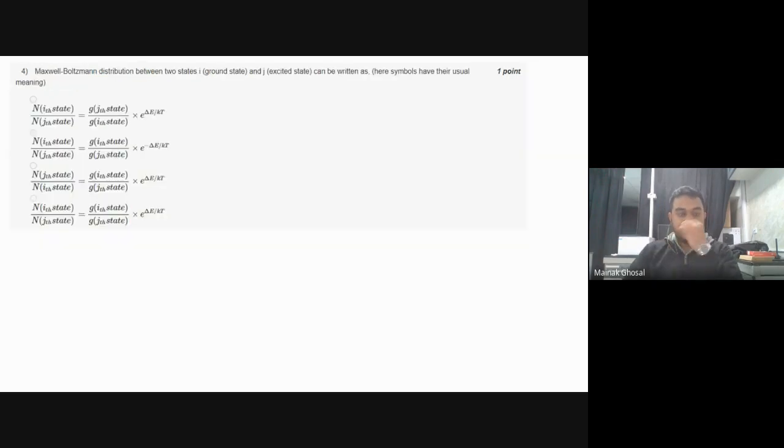Okay, so I am moving to the next question. It says the Maxwell-Boltzmann distribution between two states I and J, where I is the ground state and J is the excited state, can be written as these four options. So what should be the correct answer?